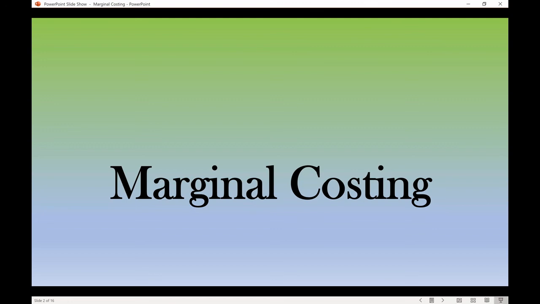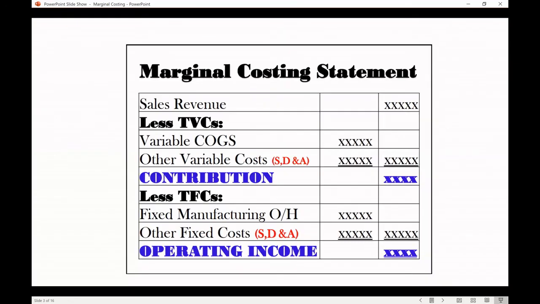However, if you're doing marginal costing, the marginal cost per unit is going to be direct materials plus direct labor plus variable manufacturing overhead. So we're not taking into consideration the fixed portion when doing marginal costing. That is assigned elsewhere.